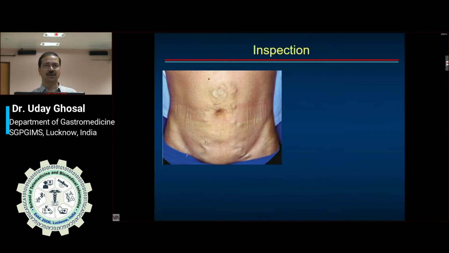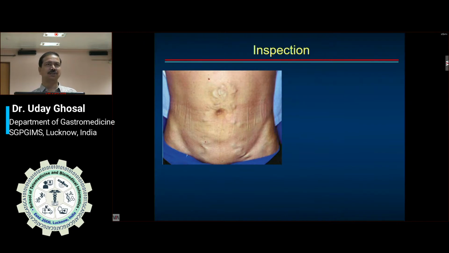Paraumbilical veins of Sappey are in the free edge of the falciform ligament. They run by the side of the falciform ligament, and then they go to the left branch of the portal vein.